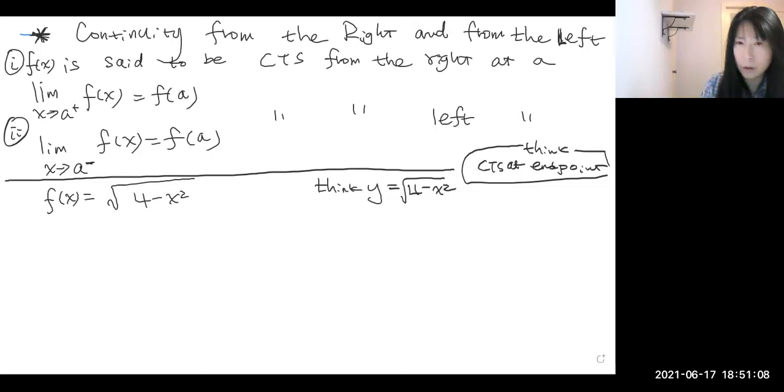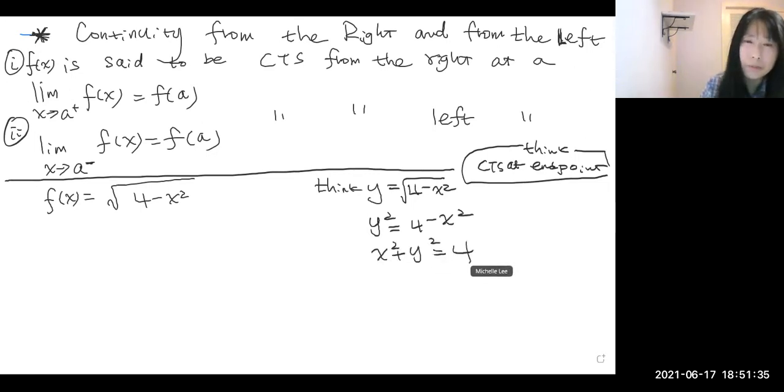So y equals the square root of 4 minus x squared. Then squaring to get rid of the square root, we have x squared plus y squared equal to 4.